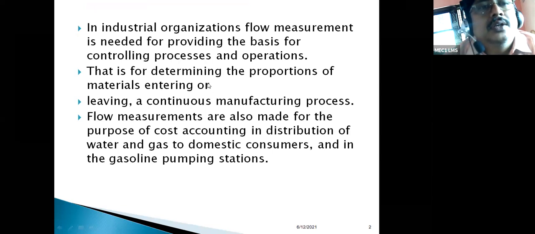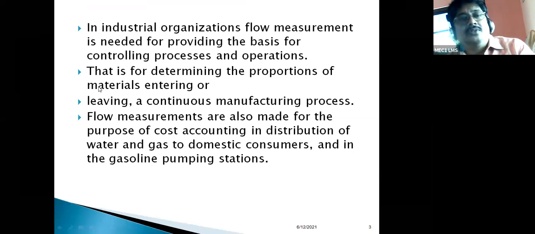In industrial organizations, flow measurement is needed to provide the basis for controlling processes and operations, and for determining the proportions of materials entering or leaving in continuous manufacturing. In continuous manufacturing, materials are leaving or entering, and the heat generation or dissipation should be more.